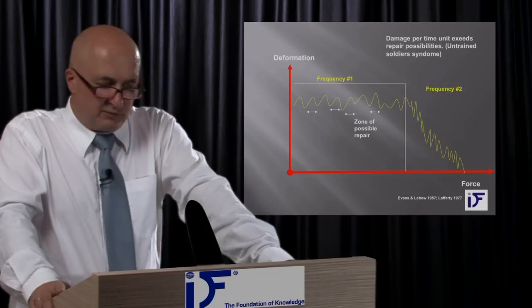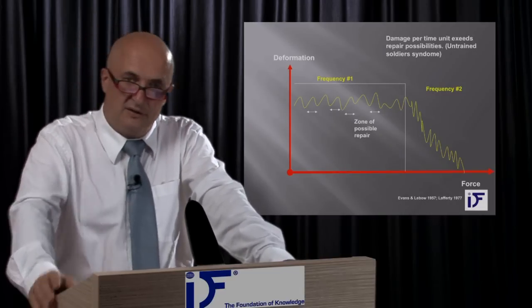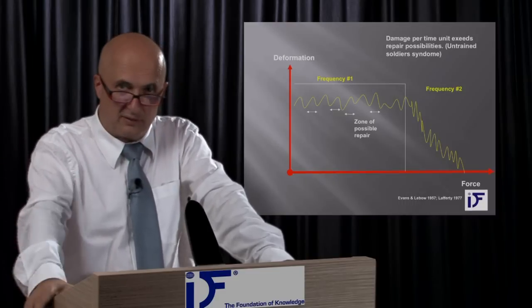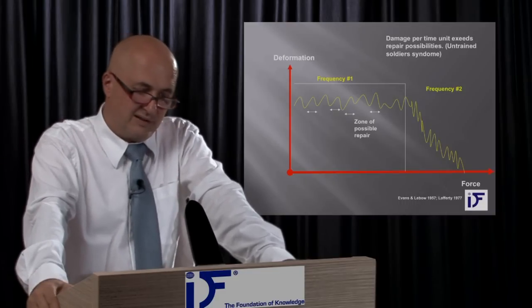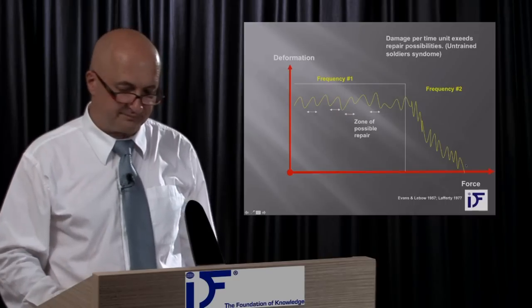In bone, we have a lot of small microcracks, and these microcracks can be repaired if there is enough time to repair them, and if there's also enough bone mass to maintain the stability of the bone, so usually the bone doesn't break. Only if, as shown here in frequency number 2, the time between 2 microcracks becomes too short, or if the microcracks accumulate, then we come to the untrained soldier syndrome, and finally the bone would fail as such.